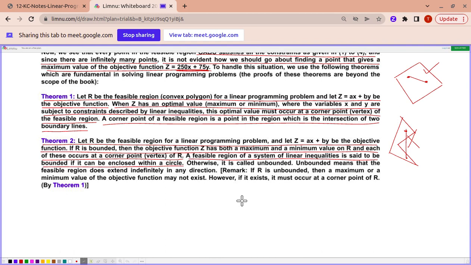Suppose, if I give an example here, suppose these are the coordinate axes. This is origin, this is positive direction of x axis, this is positive direction of y axis. We are not considering the negative direction because that is not our discussion. Suppose here we get a feasible region which is a kind of a convex polygon.